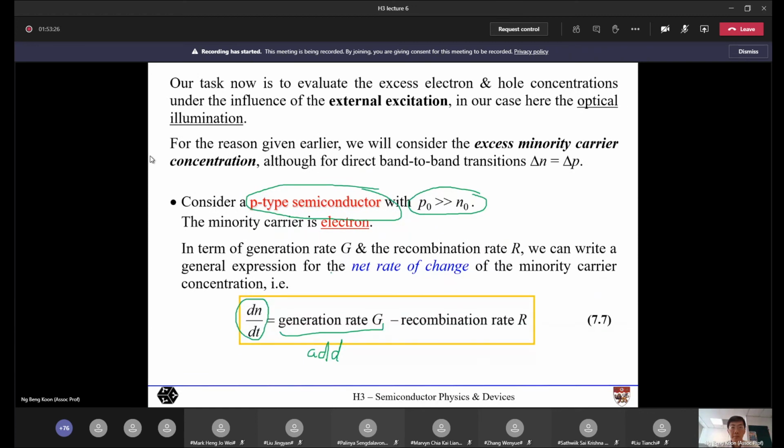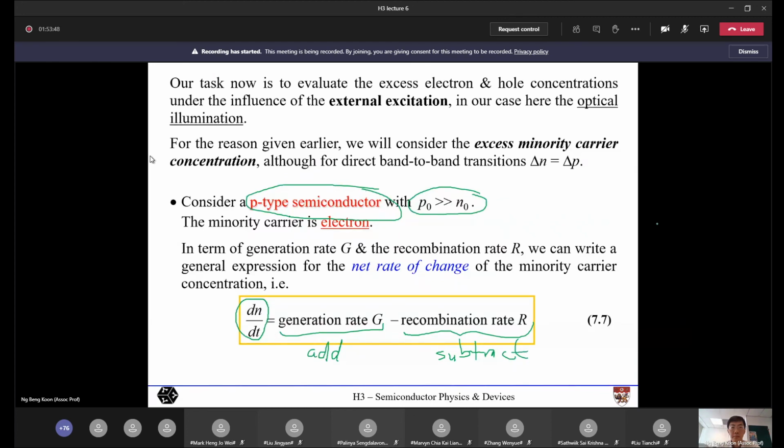So this adds to the electron concentration with respect to time. And of course, we have the recombination process, which subtracts. This basically reduces the carriers in the semiconductor.